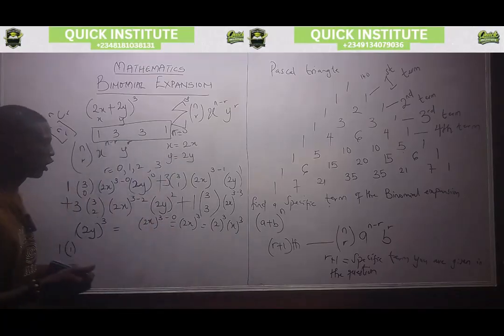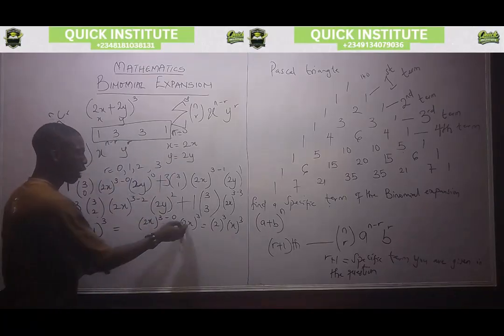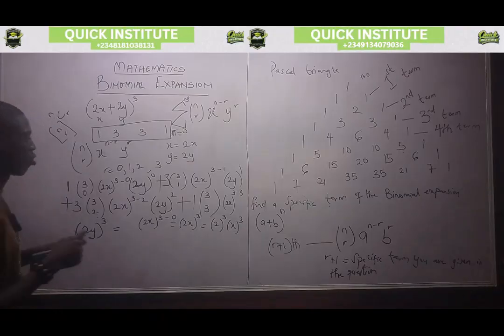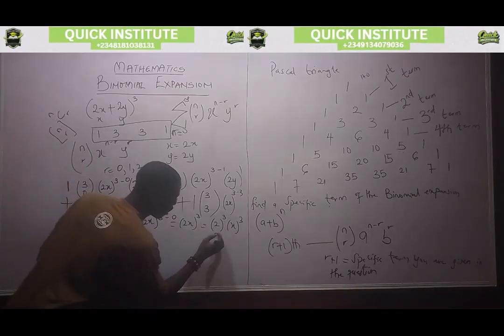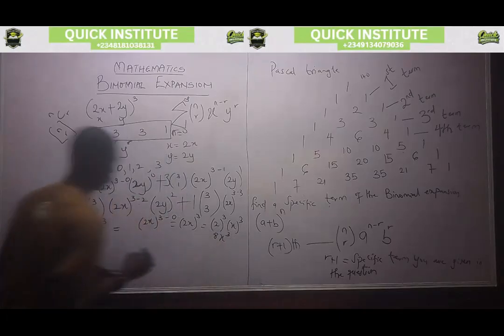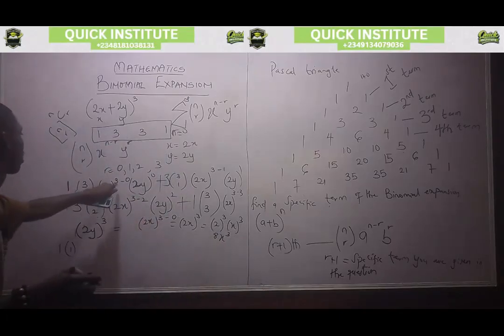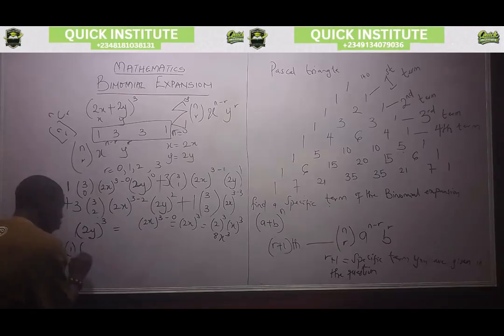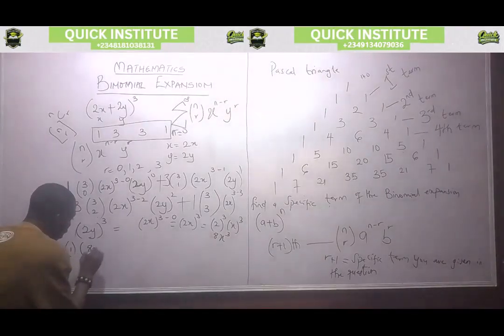This 3 applies to both 2 and s. So 2 cubed is 8, giving 8s cubed.